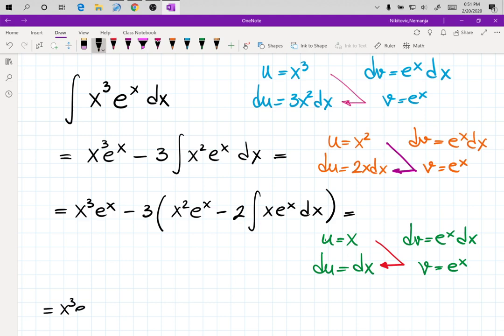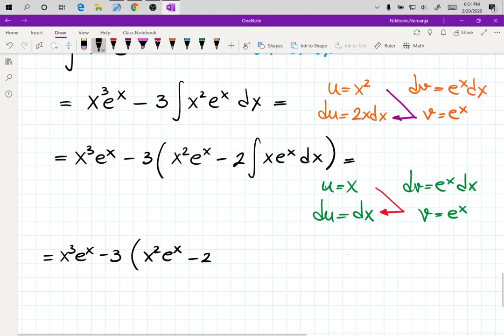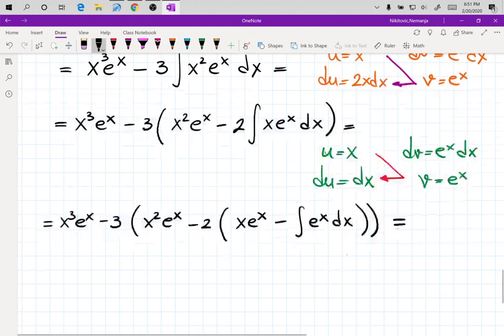So x cubed e to the x minus 3, open parenthesis, x squared e to the x minus 2. And now, oops, instead of integral, we open another parenthesis, and we have our green integration by parts, x e to the x minus integral e to the x dx, and close both parentheses.